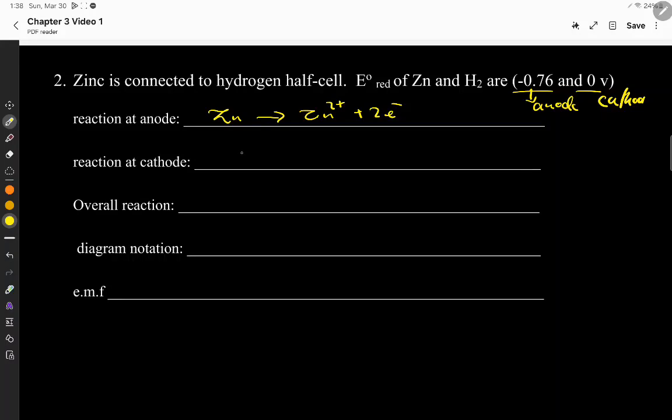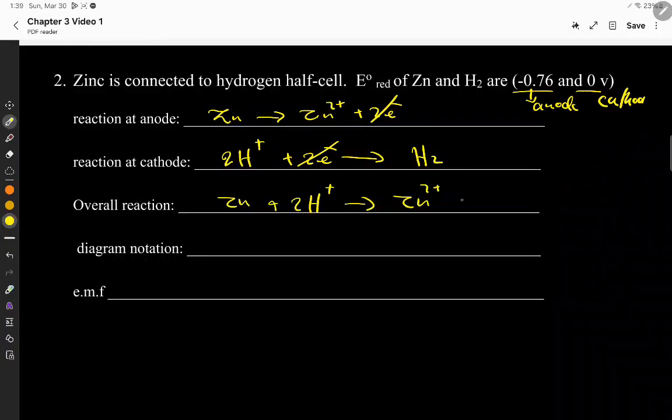Reaction at the cathode, hydrogen is going to be reduced, 2 H positive plus 2 electrons is going to become H2. Overall reaction, we cancel the 2 electrons with 2 electrons and put the two equations together. Zinc plus 2H positive will give us zinc 2 positive plus H2.